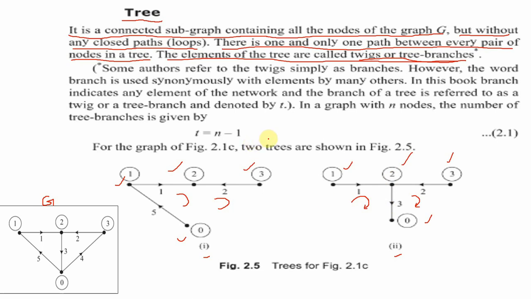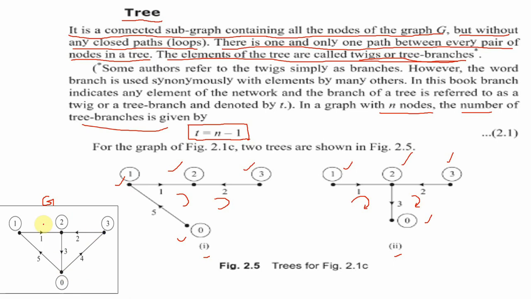Now how do we find the number of tree branches? That is nothing but t is equal to n minus 1. This formula is very important for MCQ questions and for different examinations, basically competitive examinations or any MCQ based examination. What does it tell us? In a graph with n nodes, the number of tree branches is given by this formula. If you know how many nodes are in the graph, you can easily find out how many tree branches there are.